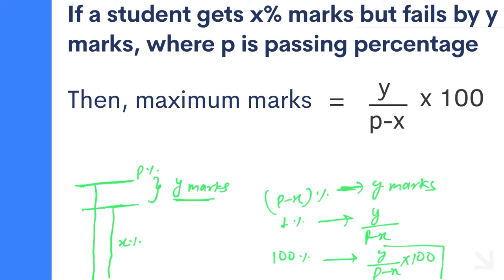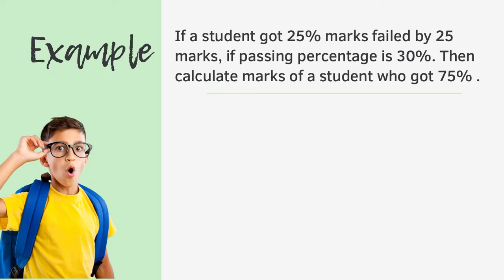Okay, let's see one example. This example says if a student got 25% marks but failed by 25 marks, and the passing percentage is 30%, then calculate the marks of a student who got 75% marks. By the formula we can calculate 100% marks, or total marks. The formula for total marks is Y divided by P minus X into 100.